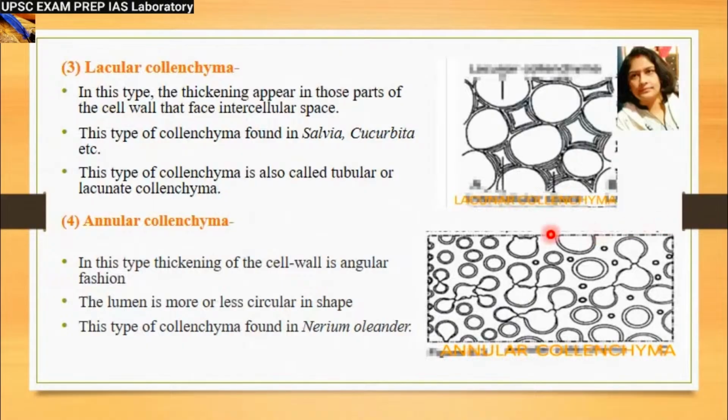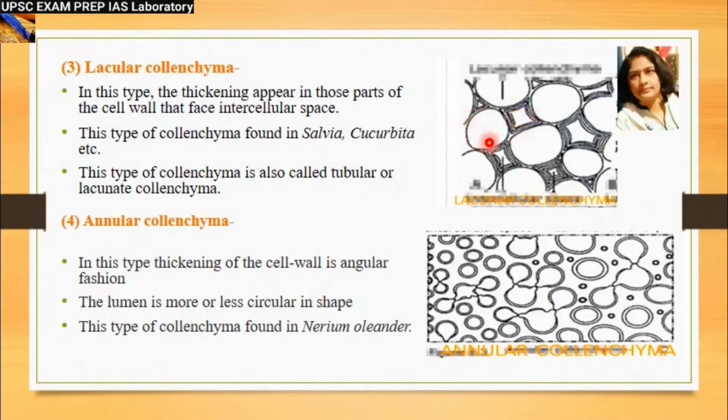The third one is lacunar collenchyma. In this type of collenchyma, the thickening appears in those parts of the cell wall that face intercellular spaces.